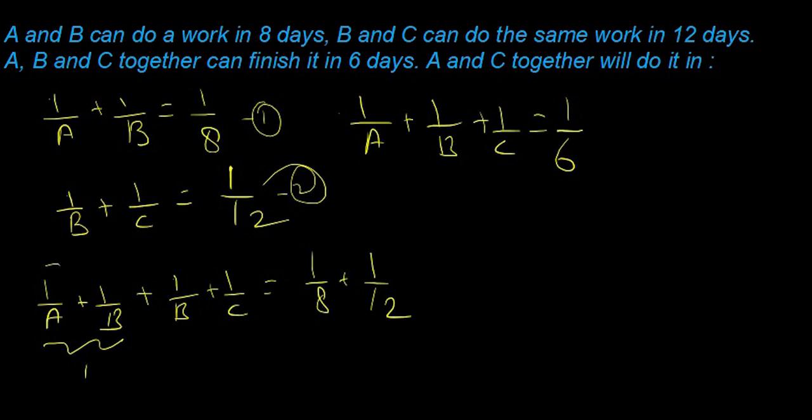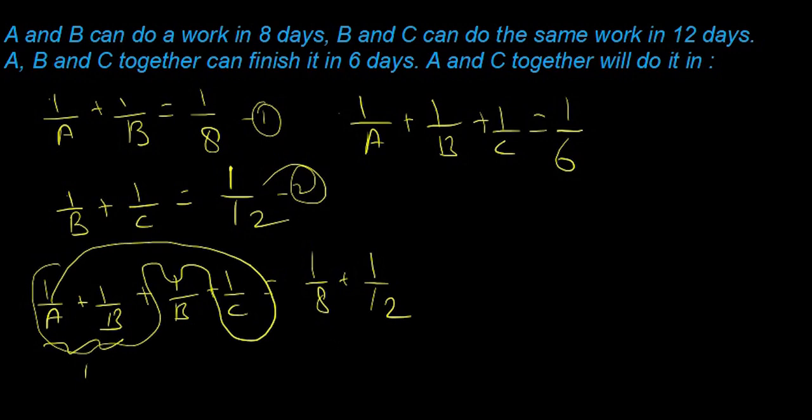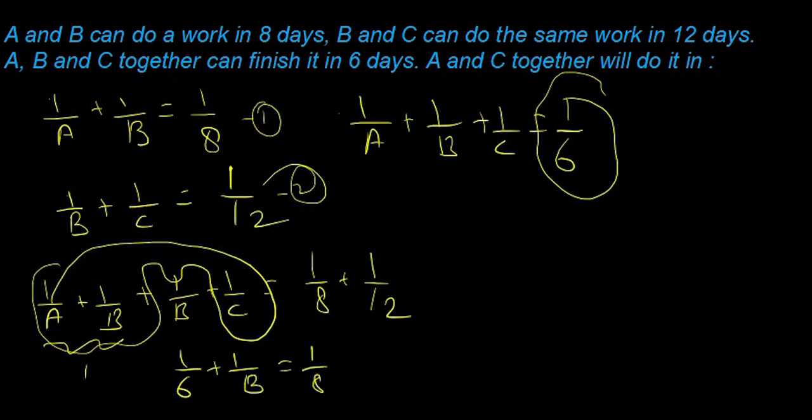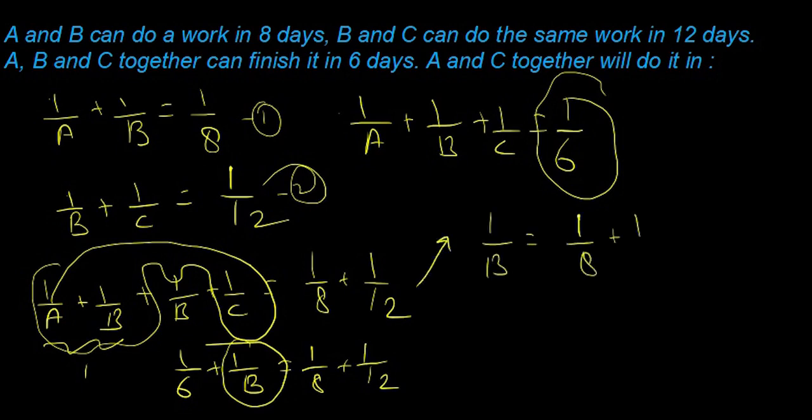As you know what 1 upon A plus 1 upon B plus 1 upon C is, you can directly put in the value 1 upon 6. So 1 upon 6 plus 1 upon B is equal to 1 upon 8 plus 1 upon 12. By that you can find the value of 1 upon B. 1 upon B is going to be 1 upon 8 plus 1 upon 12 minus 1 upon 6.